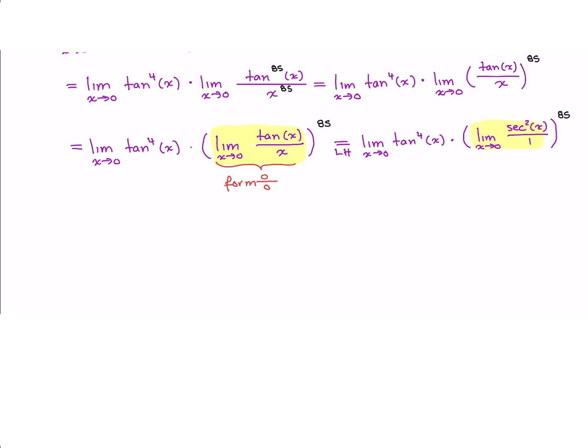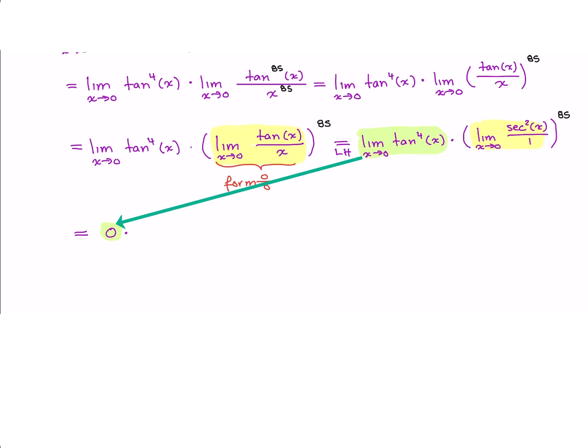So now we can just evaluate both pieces by functional evaluation. So for the first piece, where is this limit going? So let me highlight this in green so we can keep track. Alright, so for this piece or factor in green, where is that limit going? That's going to 0. Okay?